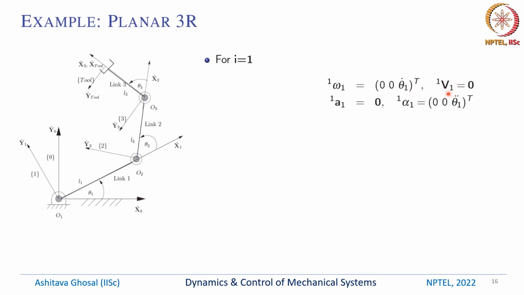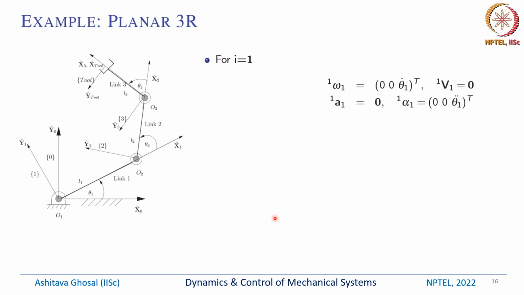How about the first velocity? The origin of the first link and the 0th link is at the same place. So you can intuitively see that the origin of the first link, O1, is not moving with respect to O0. So hence this is 0.